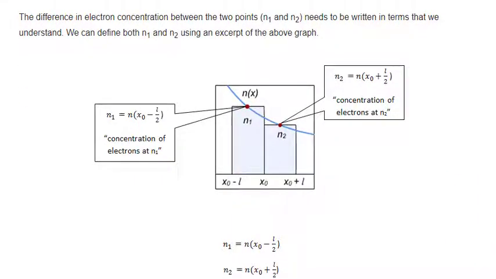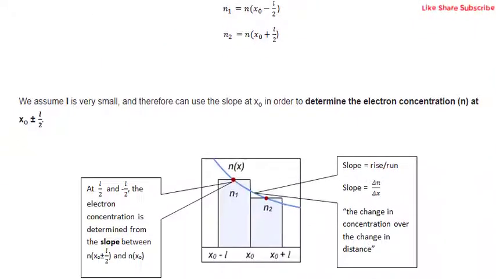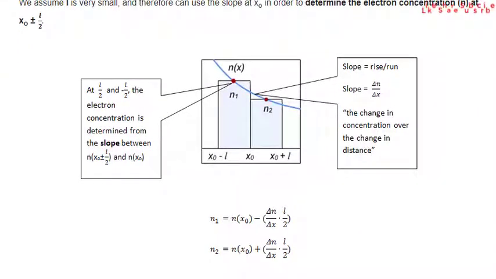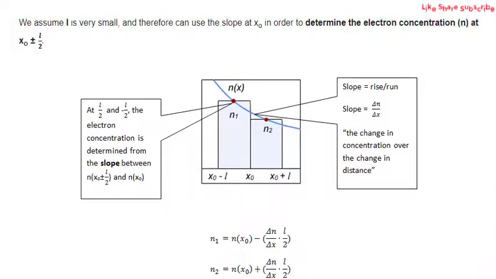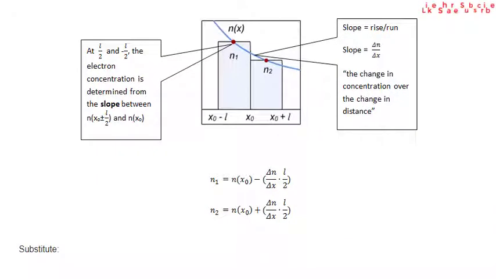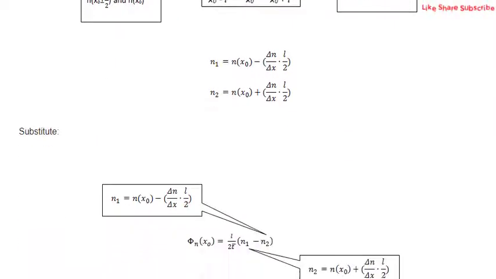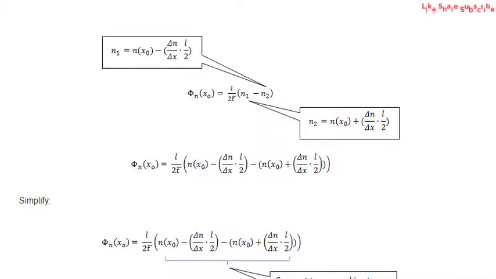The difference in electron concentration between the 2 points N1 and N2 needs to be written in terms that we understand. We can define both N1 and N2 using an excerpt of the above graph. We assume L is very small, and therefore can use the slope at x0 in order to determine the electron concentration N at x0 plus or minus 0.5L.